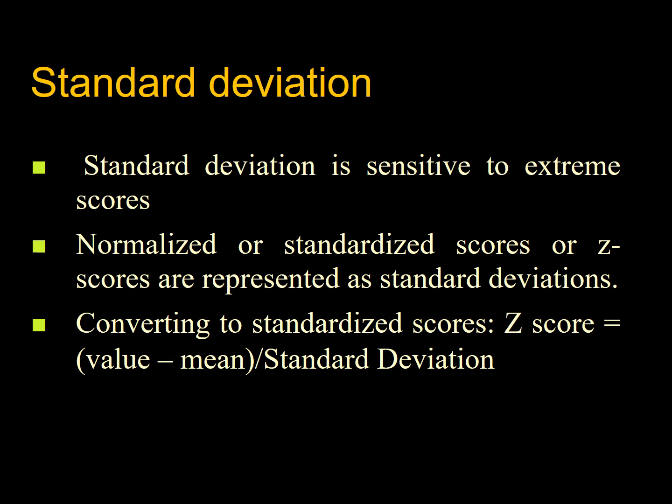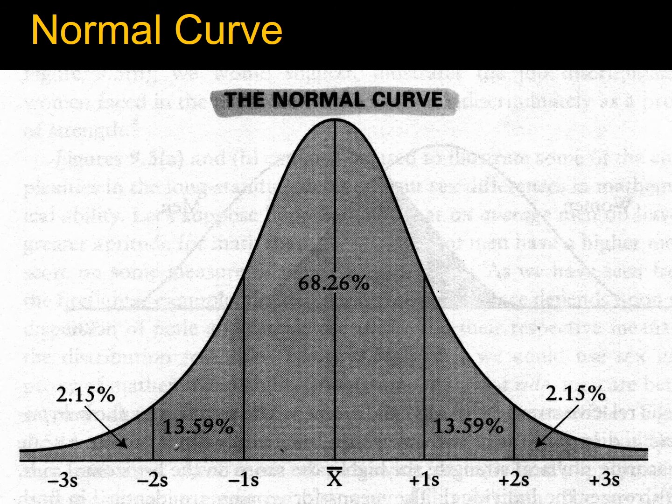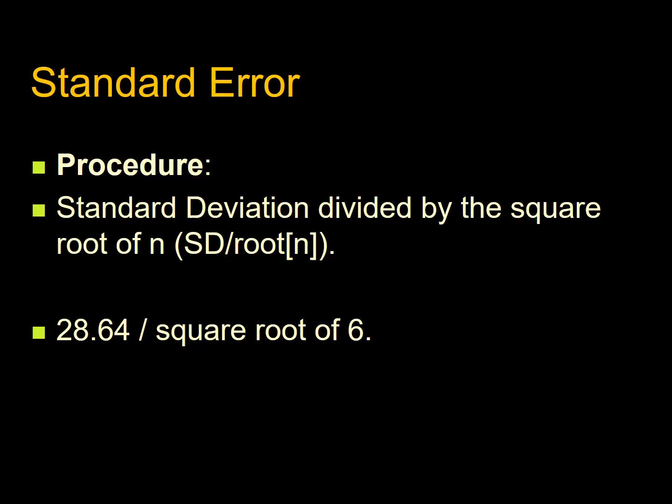The z-score is equal to the value that the particular student has on, say, a test, minus the mean, divided by the standard deviation for that sample or for that population parameter. So here again, you can see standard deviations, and so values would be described as standard deviations above or below the mean. Here's the calculation for the standard error.